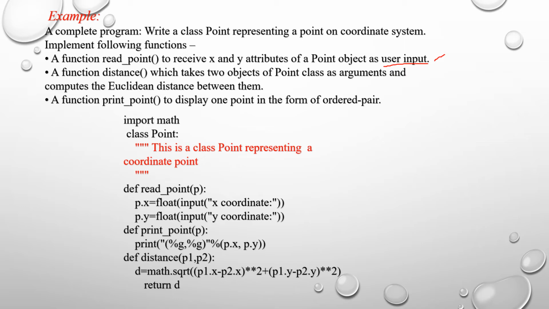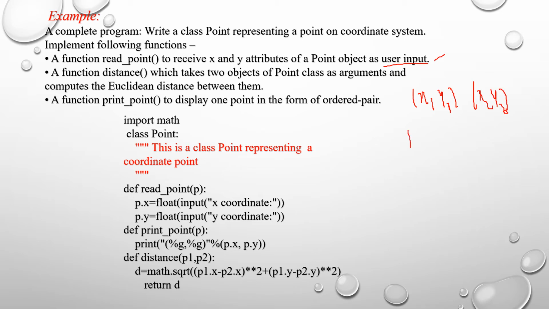So for Euclidean distance, for example, we have two coordinate points. Let us assume the first coordinate point is x1 and y1, and the second coordinate point is x2 and y2.